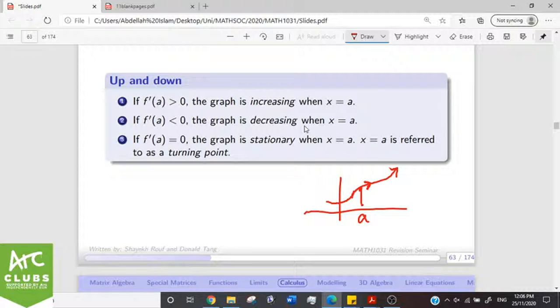And if we take the graph over here, and we're going down, then at a point B, the derivative would be less than 0, which means the graph is decreasing at that point. Then at a point like here, the derivative would be exactly 0, and that means the graph is stationary, and it could be turning. As you can see, it is actually changing direction here.